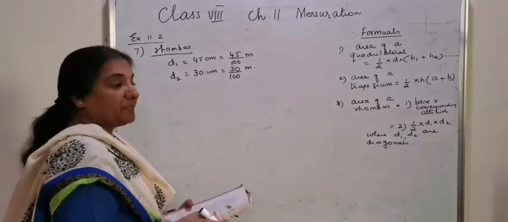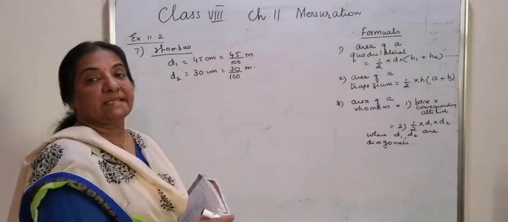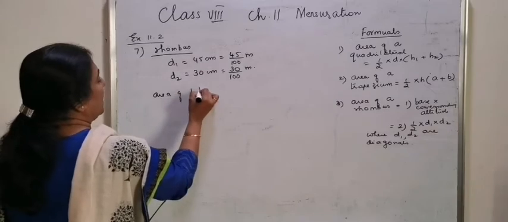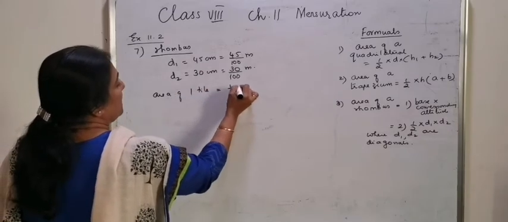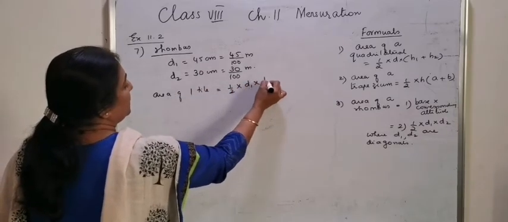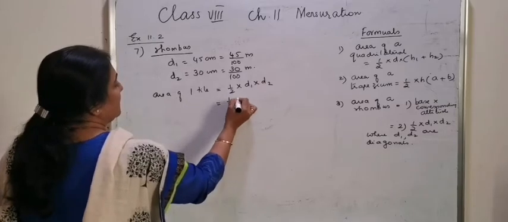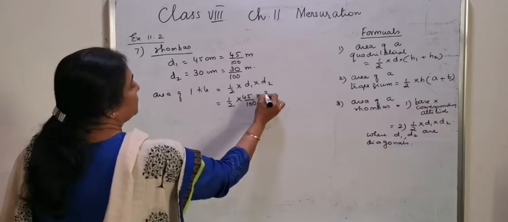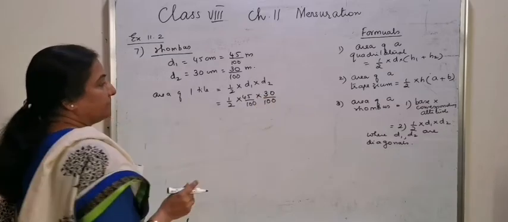The first step is to find the area of one tile. So area of one tile is equal to half into d1 into d2, which is half into 45 by 100 into 30 by 100.